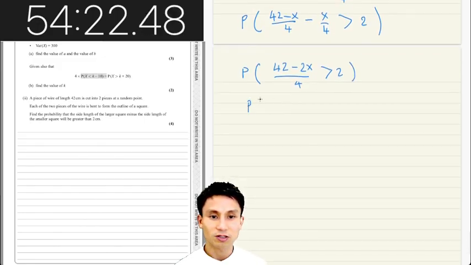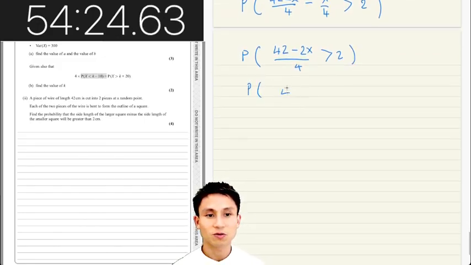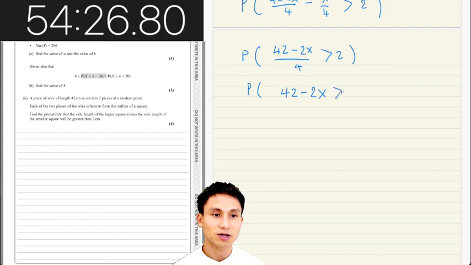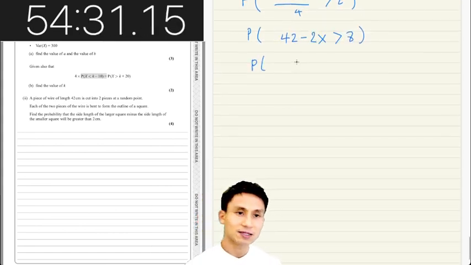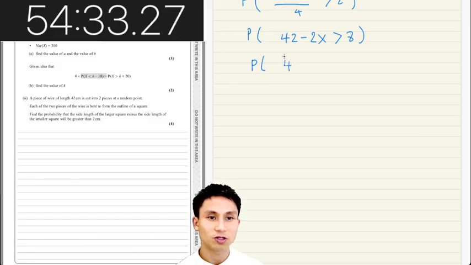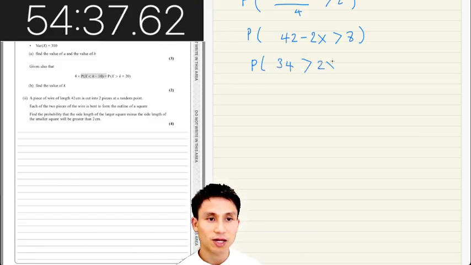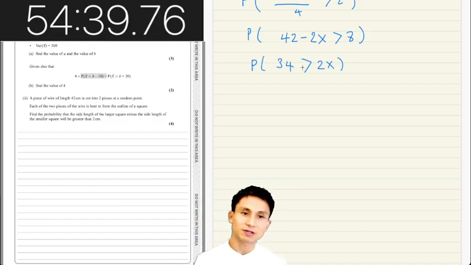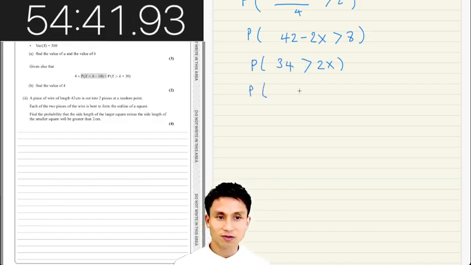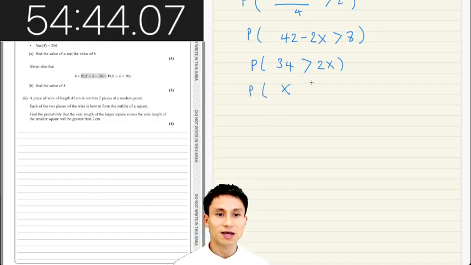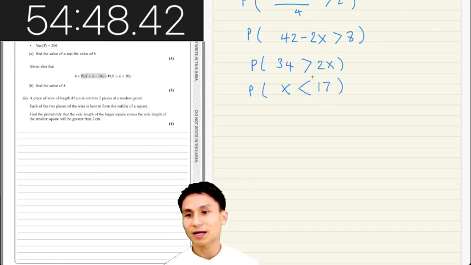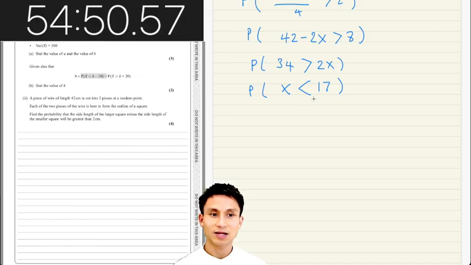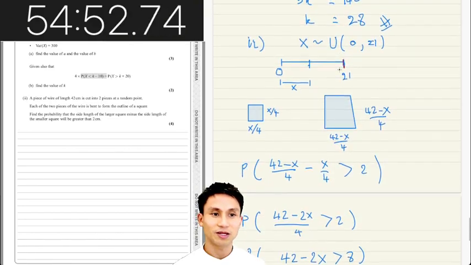Rearranging the inequality, you have 42 minus 2x greater than 8. Moving the 8 to the left, 34 greater than 2x. Dividing by 2 both sides, I have x less than 17. We want to find x less than 17, the cut point in 21.